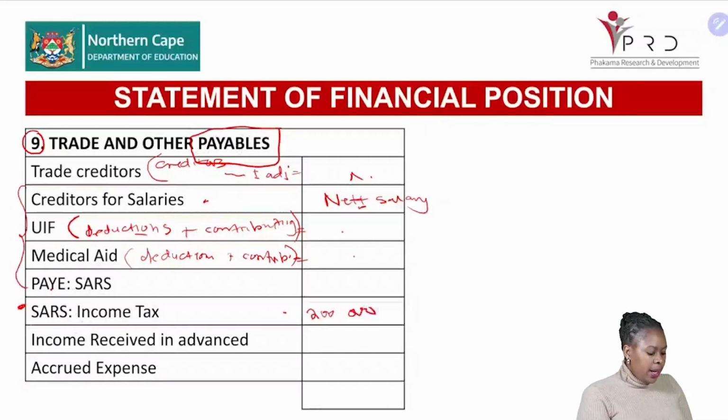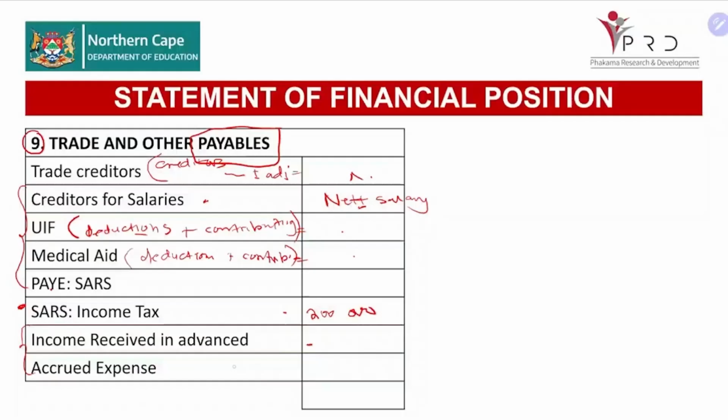Then we will have our two adjustments over here. Our income received in advance. So normally our rent income we have received in advance. So then we still owe the tenant because we received the money, but we haven't provided the service yet. All right. So whatever amount that you subtracted from your statement of comprehensive income is the very same amount that you need to add to your trade and other payables.